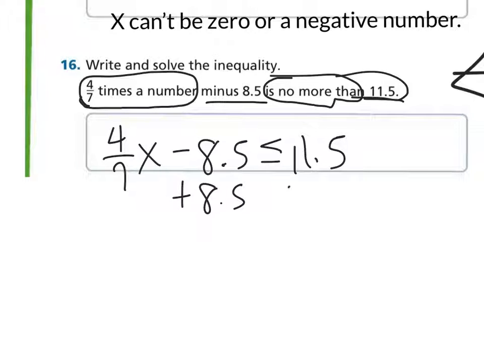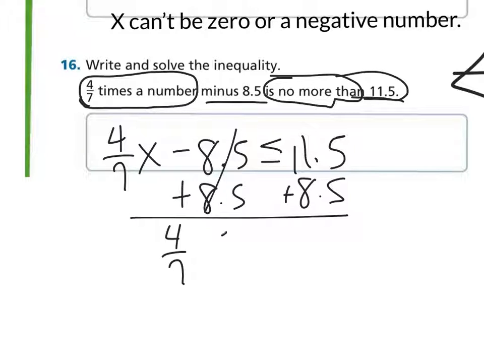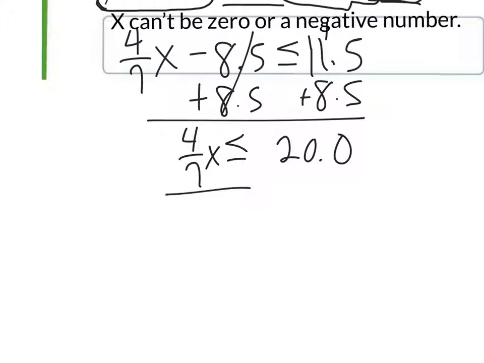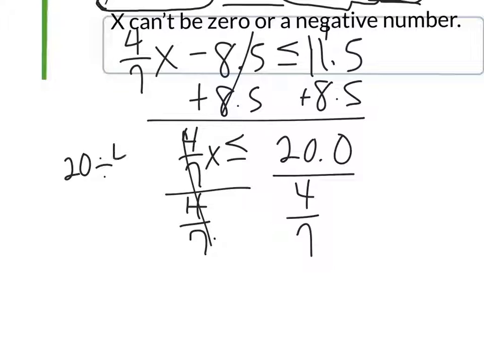They're subtracting, so we need to add 8.5 on both sides. That'd be right at 20. And then they're multiplying, so we can divide both sides by 4/7. So dividing, keep, change, reciprocal.